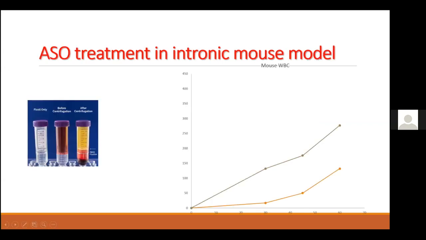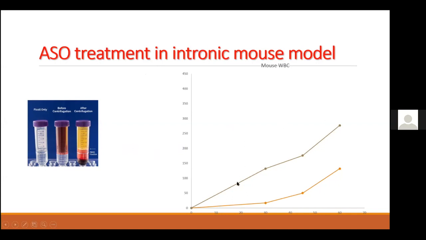What I did originally, as I said, was the enzyme assay in blood. I treated the mice with the antisense oligonucleotides that will improve the transcription, and I obtained the blood from the animals, separated the white blood cells, and did the enzyme assay.